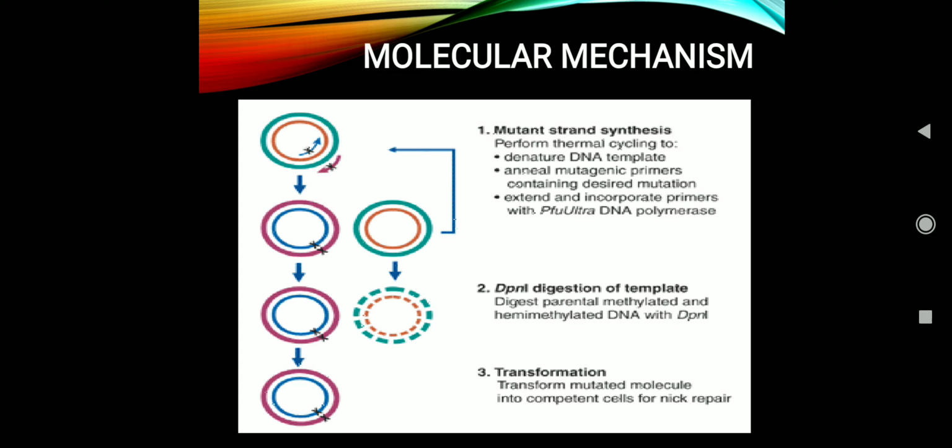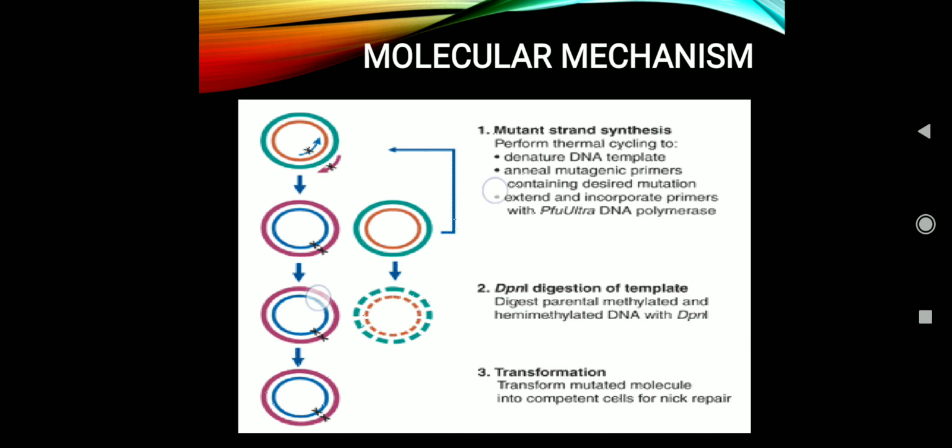Here we are going to take a plasmid or a target DNA. It can be a linear DNA as well. To this target DNA, we are going to synthesize the oligonucleotide primer. The oligonucleotide primer which we synthesize will contain the mutation.